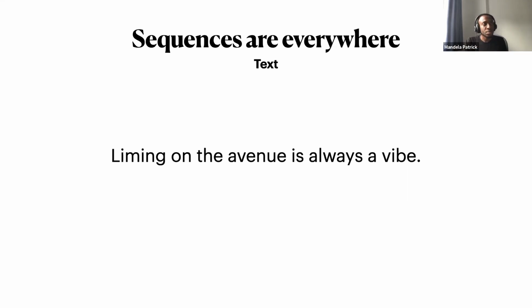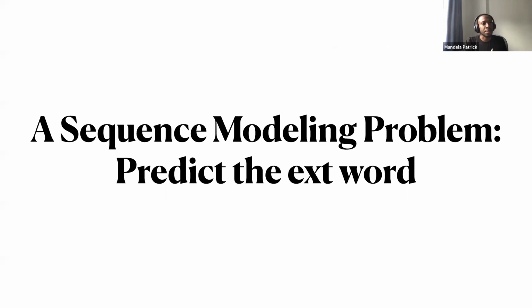What we're trying to do with neural networks is figure out a way on how we can properly model sequences. One simple way to model a sequence is simply to predict the next word.